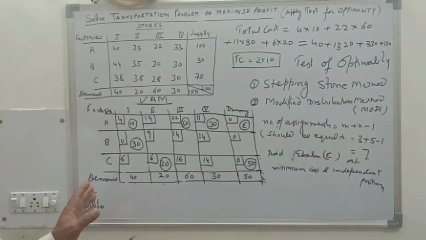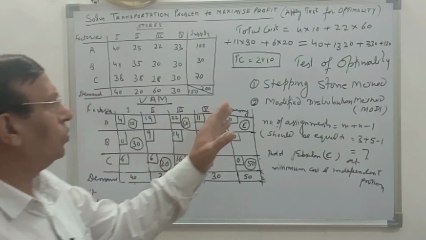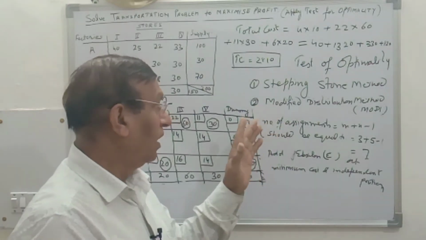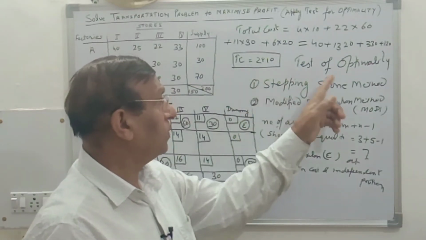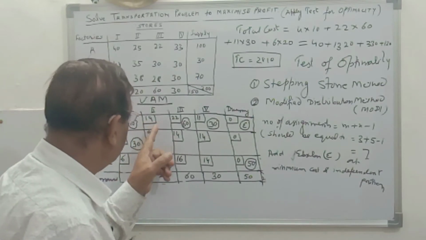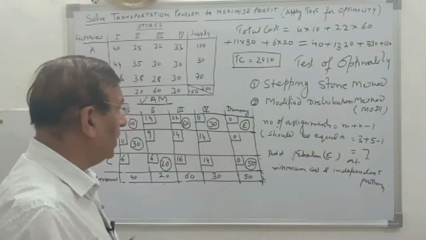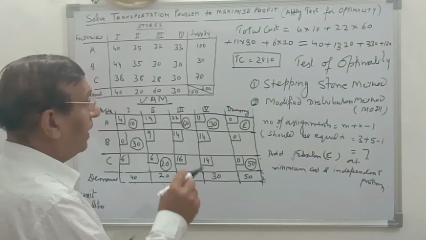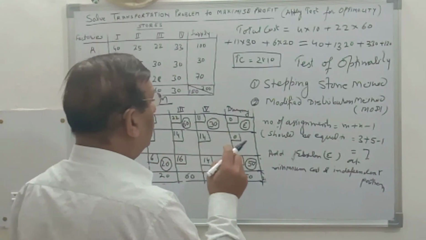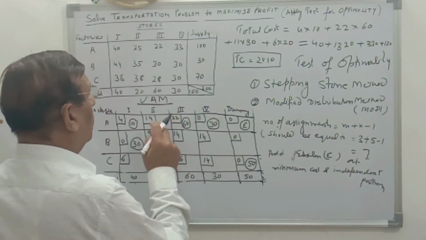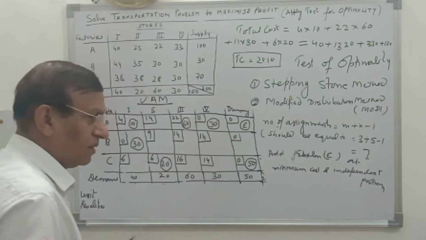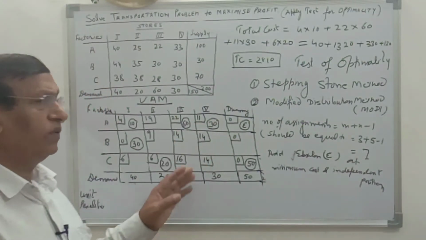Now we have to apply these two methods. We have to understand these two methods simultaneously. What is the purpose of a test of optimality? For the squares where there is no assignment, whether there can be any assignment, we have to find the opportunity cost of the blank cells where assignment has not been made by any method, because generally we use RAM.